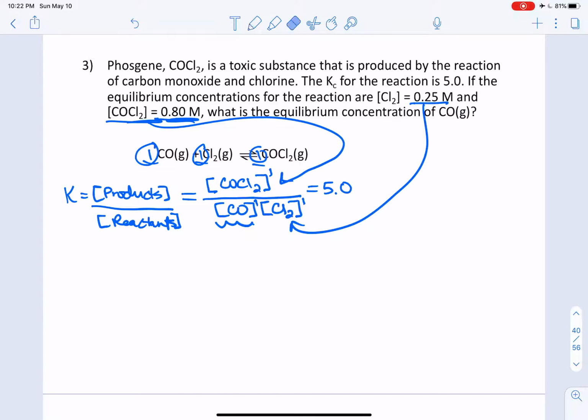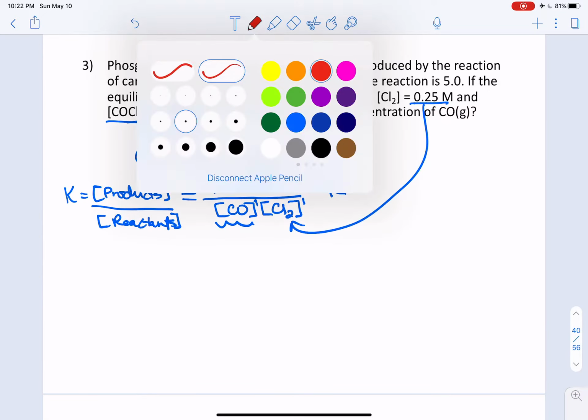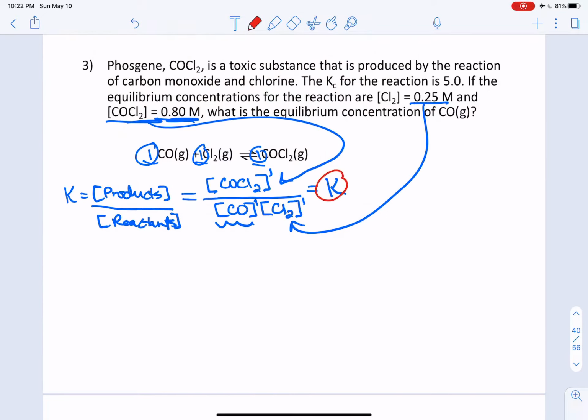If I replace this with K for just a moment so I can do the algebra, and then I'll put the 5 back in there, we're going to move K down here because things can move diagonally across the equal sign, and take CO and move it up here.